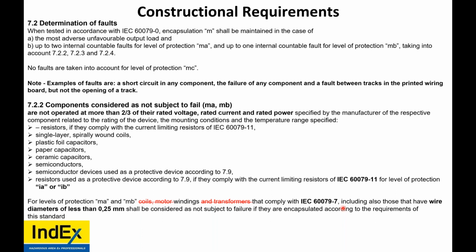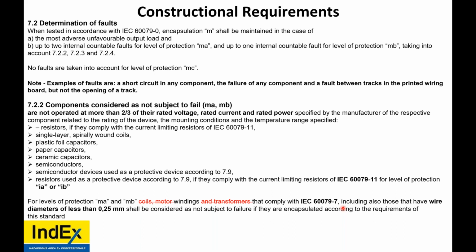The mounting conditions and temperature ranges shall be specified, but they can be resistors, coils, paper foil capacitors, paper capacitors, ceramic capacitors, semiconductors, circuit boards, semiconductive protection devices, and resistors that meet the requirement of 60079-11, intrinsically safe, IA or IB.